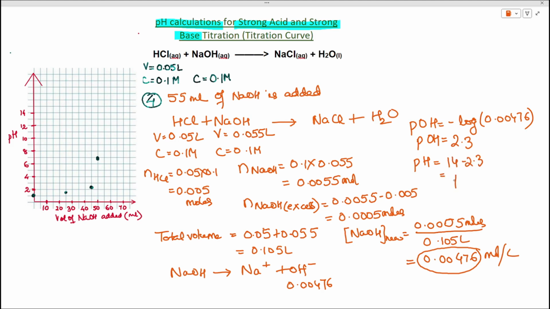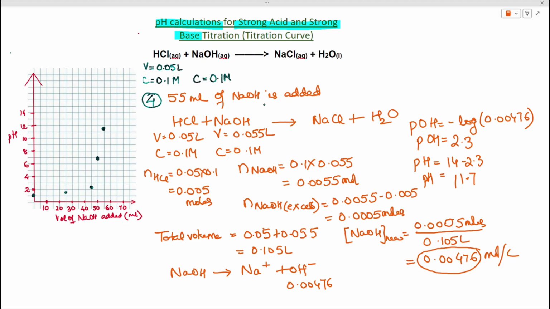And this gives us a pH of 11.7. So we are going to have this marked on the graph. So when our volume is 55 ml, our pH is 11.7. So 55 and 11.7 is going to be somewhere over here.